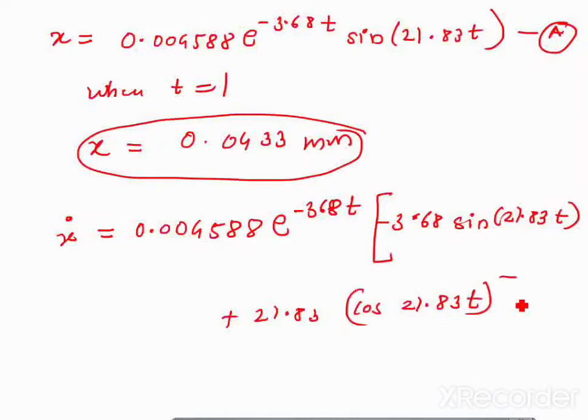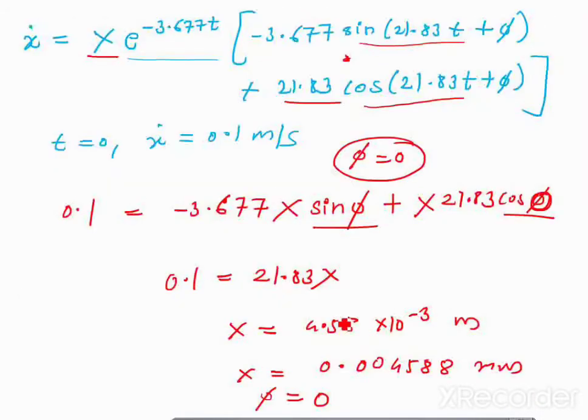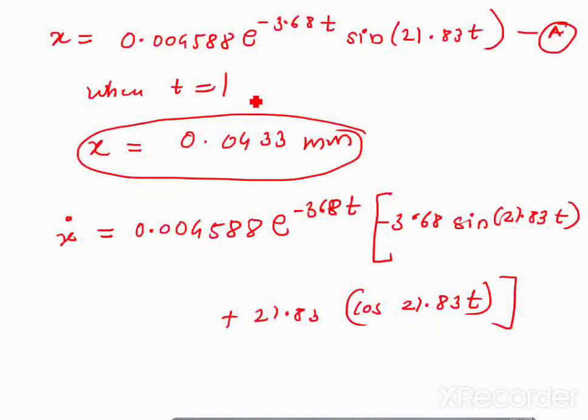Bracket close, and this bracket is complete. If you are not understanding, I will go backward. See, minus 3.68 as it is, sine of this term, phi is 0, so this phi will get eliminated. 21.83 into cos 21.83, and x is 0.04588, and e raised to this term. As this is differentiated, I have just put in the value of the arbitrary constants x and phi.